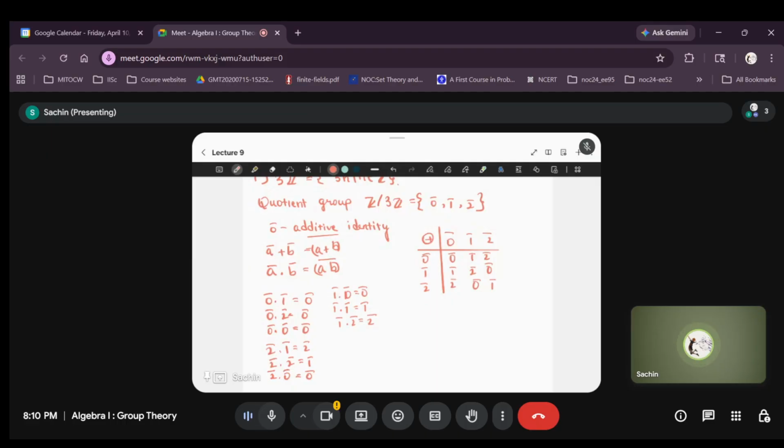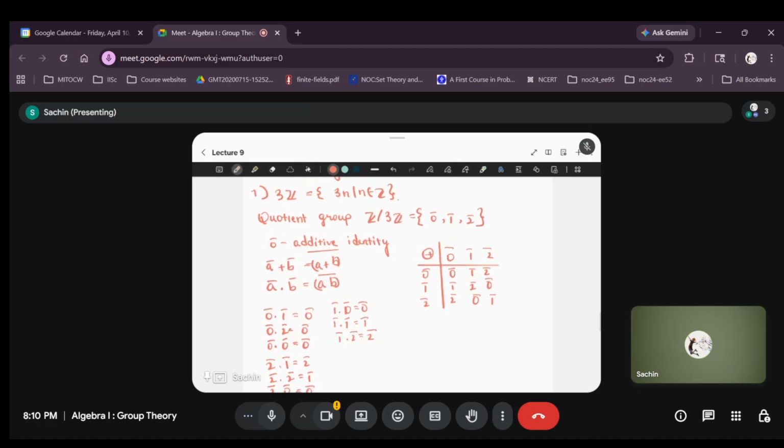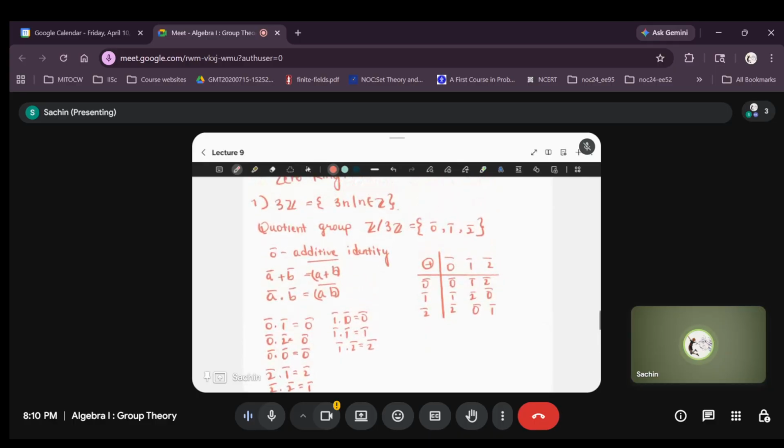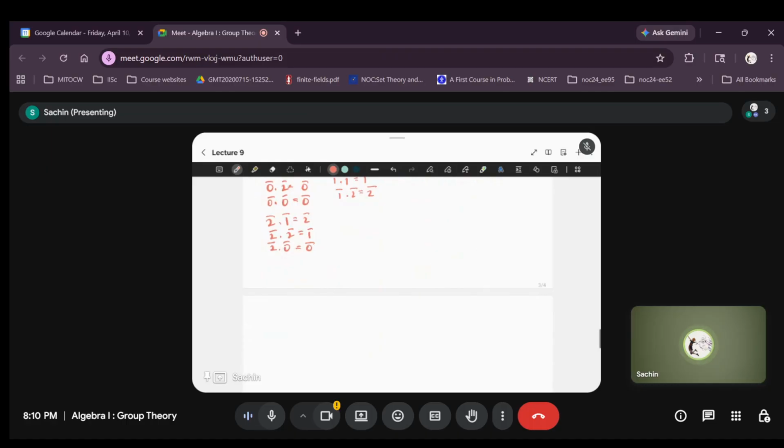Now instead of this 3, if you take some other number also, all the properties will be the same.